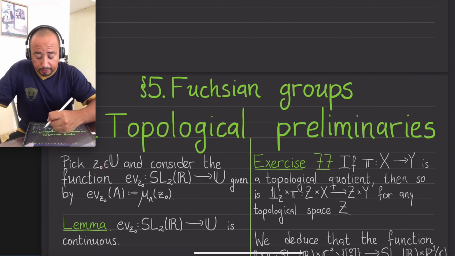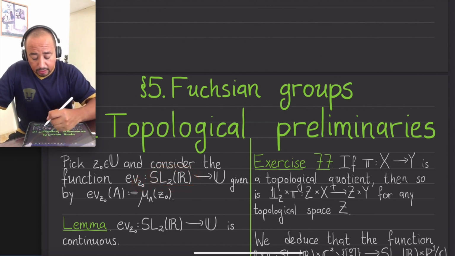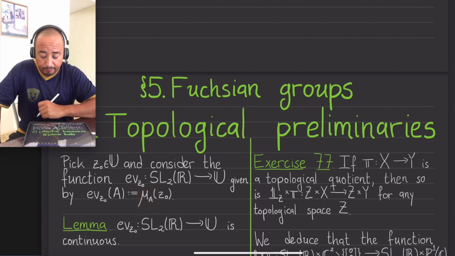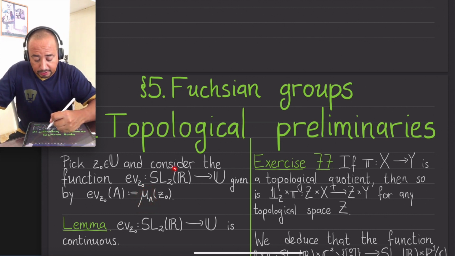And consider the function that evaluates each matrix at Z0, but not the matrix itself, rather its associated Mobius transformation. So that to each matrix, what we associate is the image of Z0 under the Mobius transformation of the matrix.